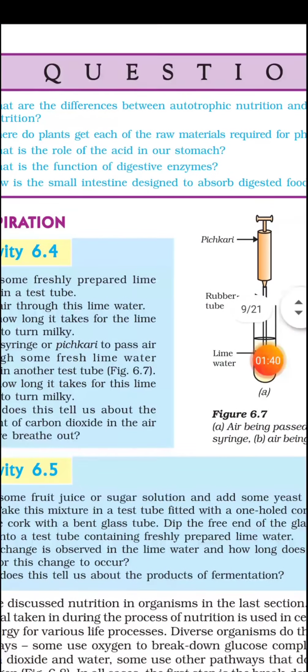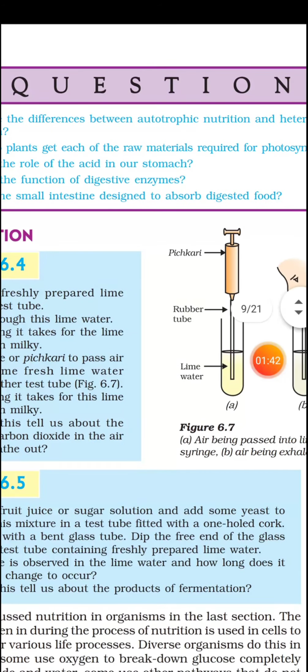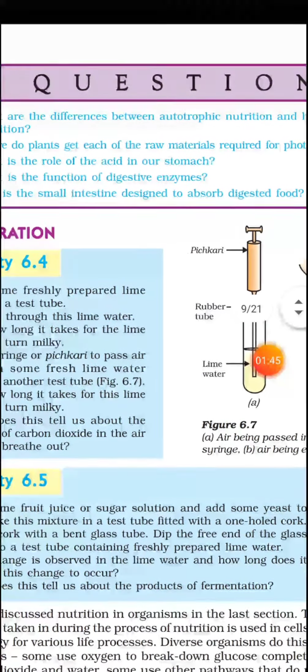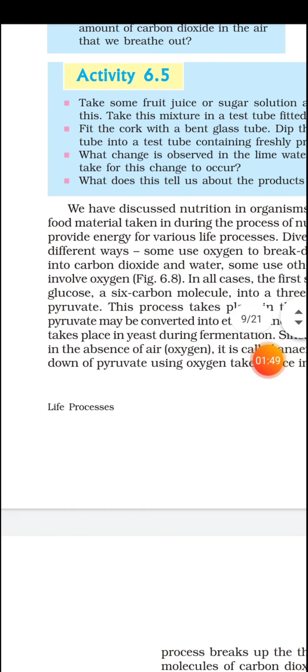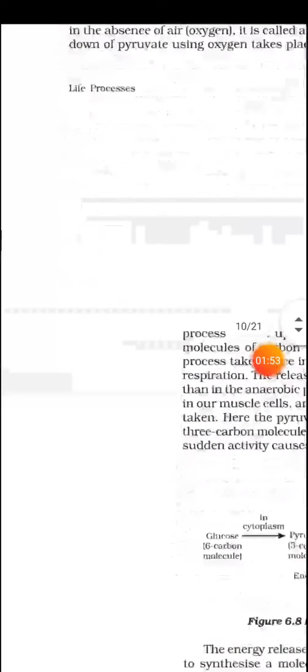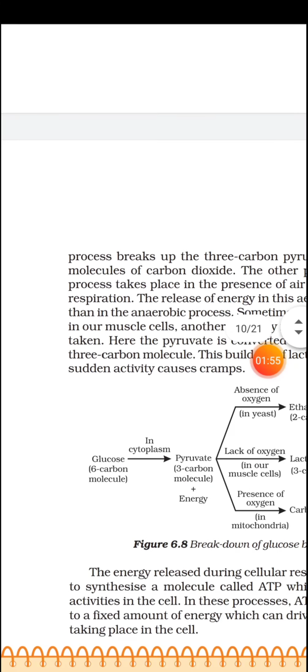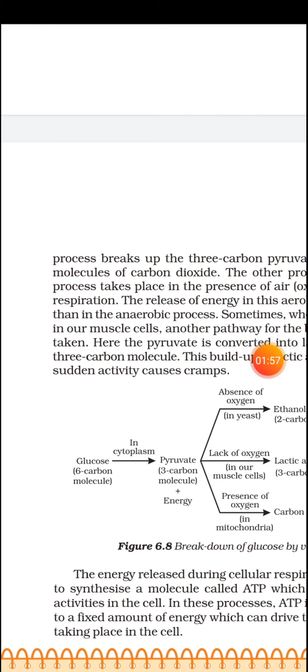Before entering into the practical and activity diagrams, we will first see what is actually taking place inside us. Most of the time our body wants glucose as the major food source, because from glucose we get the maximum amount of energy.